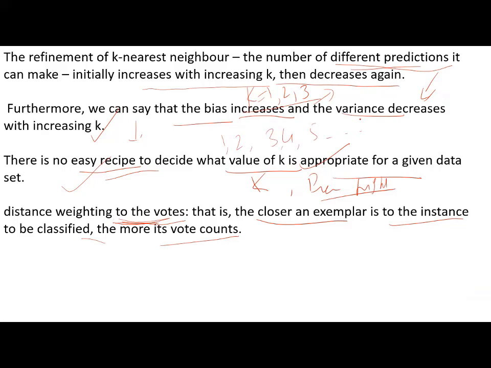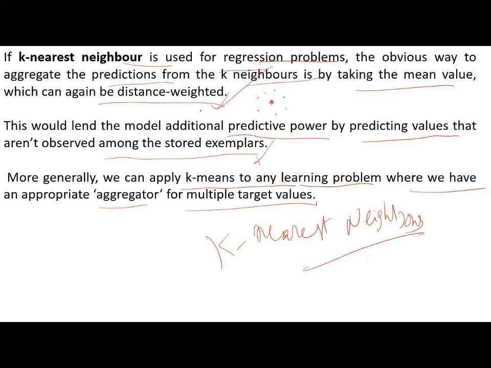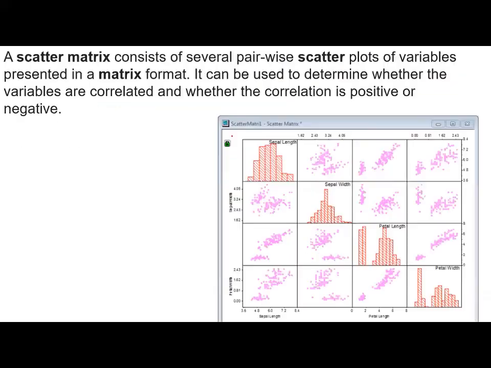But it is observed that with increasing k, initially good predictions come, but after going to some extent, say 6 or 7, the predictions automatically decrease. This is called k nearest neighbor. Hope you understood. Thank you.